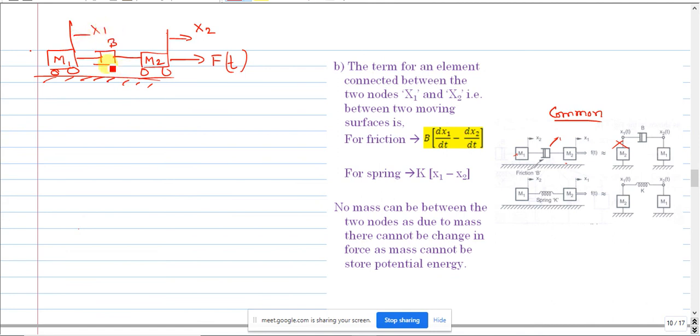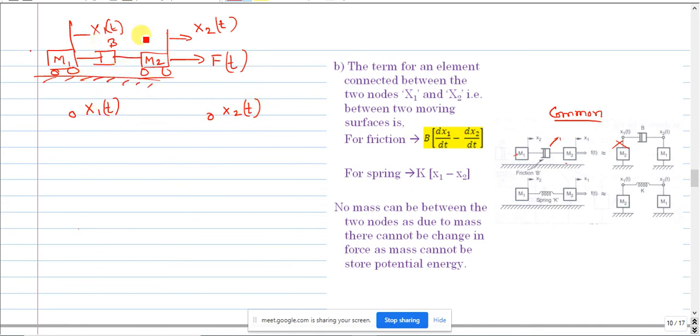Okay, so you need to check the number of displacements. It is very clear that from the given diagram we have two displacements. Remember, in some problems they may not specify the displacement. You need to understand, you need to think the logic. So the first displacement will be represented in a node. I will represent x1 of t and the second displacement as x2 of t.